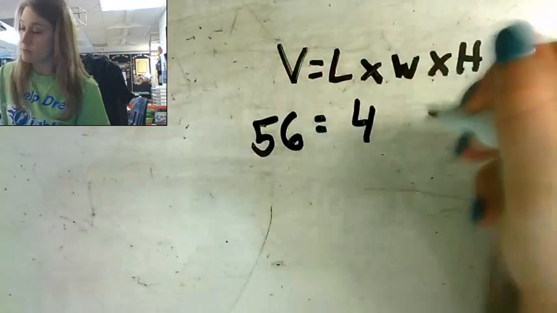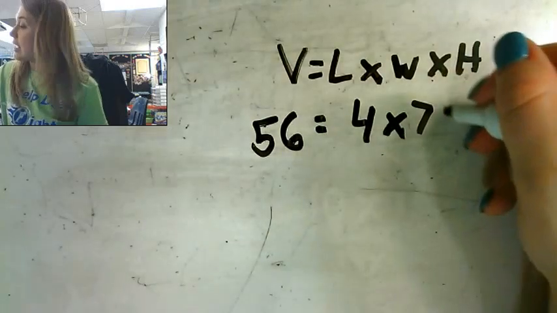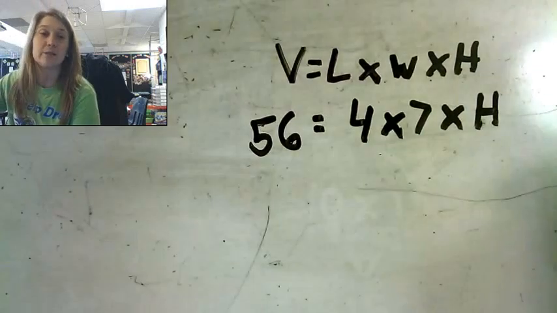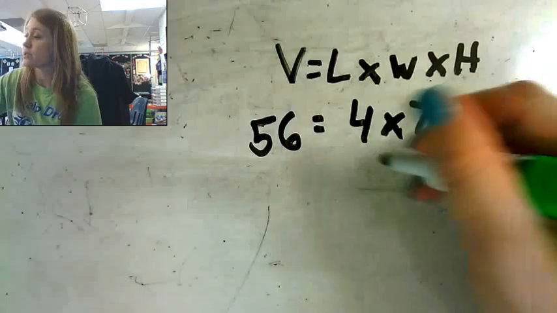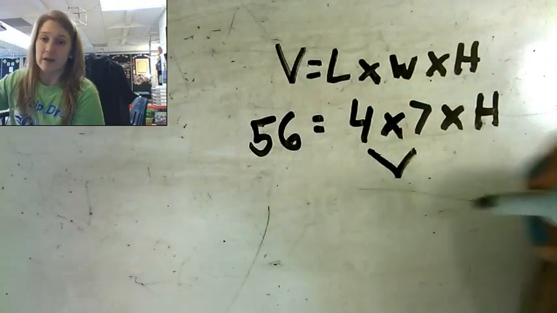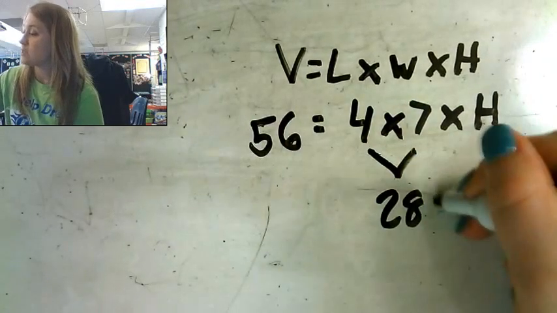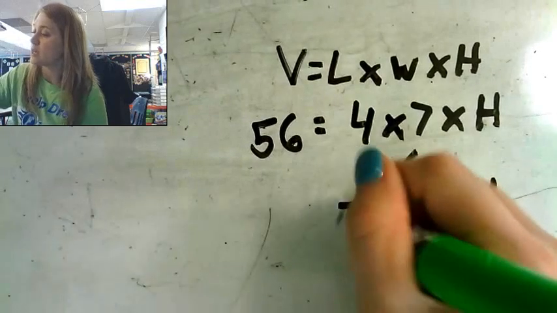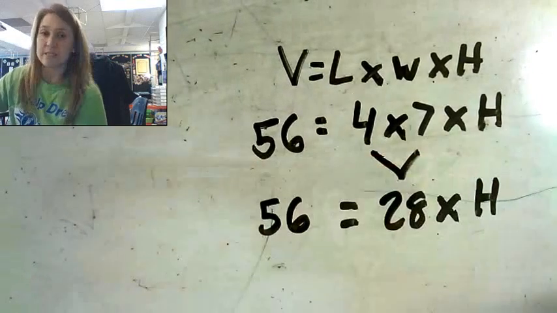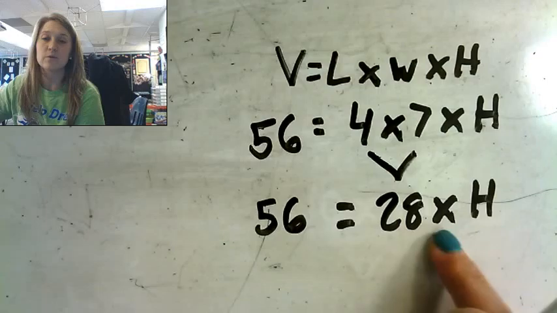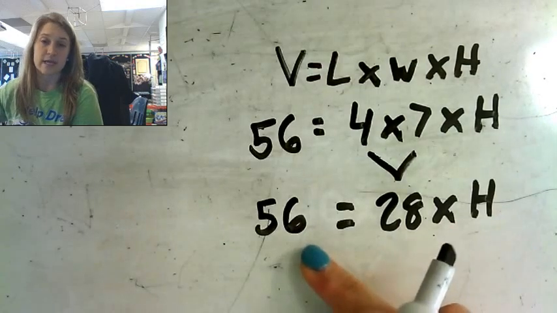My length was 4. My width of 7. And I'm missing height, so I'm going to keep that as my H. Let's solve what we can first. 4 times 7 is 28. Times my height is going to give me a volume of 56. 28 times what equals 56.